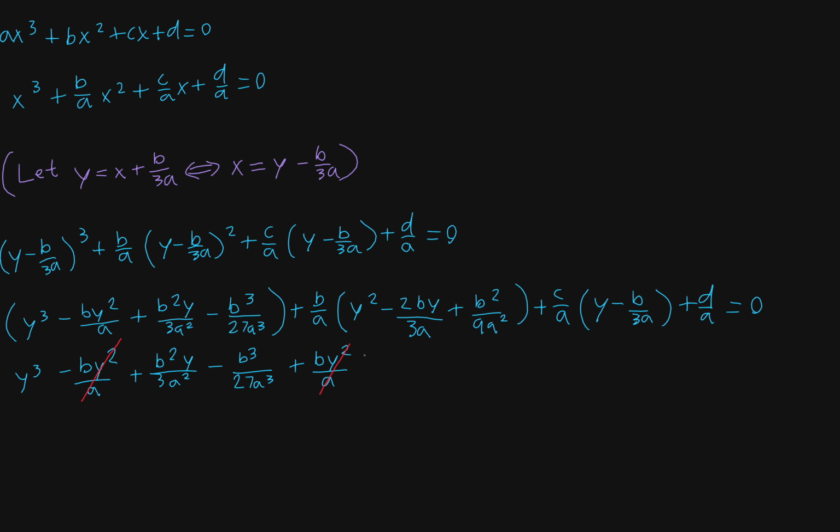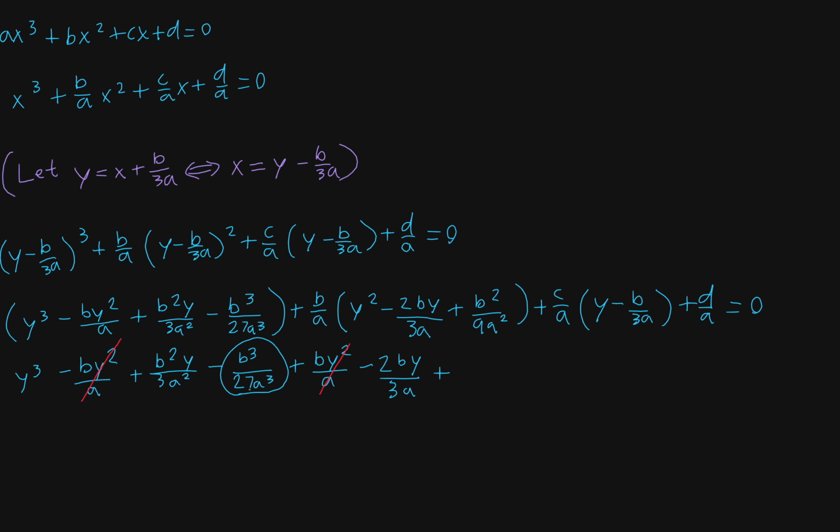And now keep on going over here. We're going to have minus 2by/3a, and then plus b². Actually, I'm going to make this over 27a², because you see we have this over here.